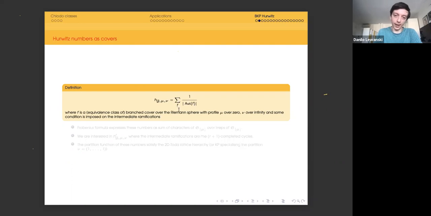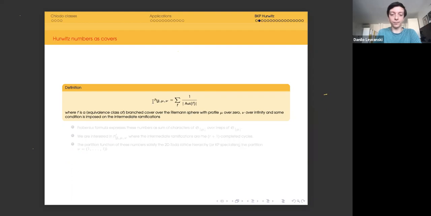Every time, so this F are actually equivalence classes of branched covers, and the relation is that you have another isomorphic cover that commutes with the covering maps and leaves the branch points in the same place. And then if F has a lot of automorphisms, you want to divide by the number of them, but often it is just equal to 1.